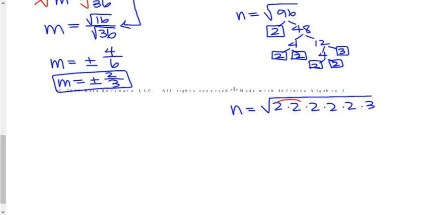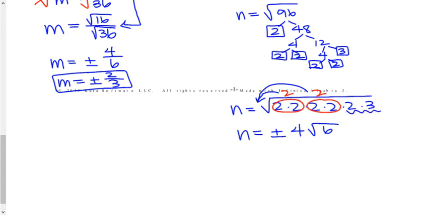In red, I'm going to go ahead and circle all my pairs. I only have 2 pairs, which means I'm taking out 2 2s. So I have n equals the plus or minus version of 4 root 6. Now, I got 4 because I took out my 2s, put them both out front, and multiplied them together. And then I got 6 because I was left with 2 times 3, which is 6.